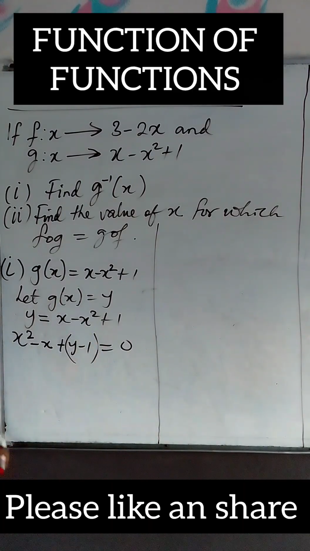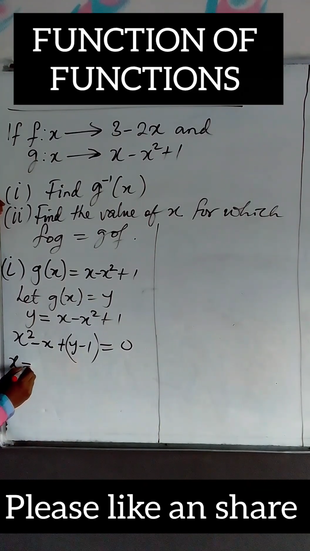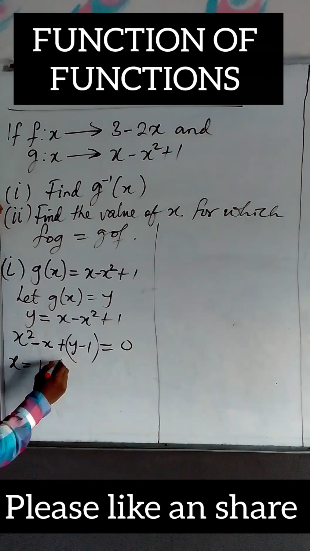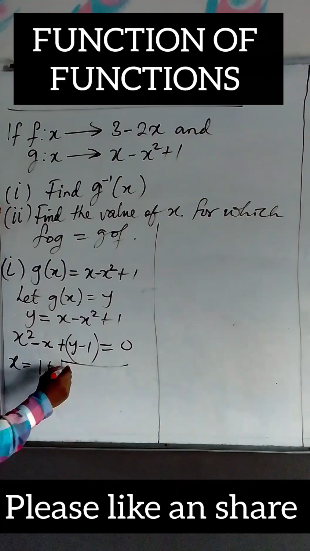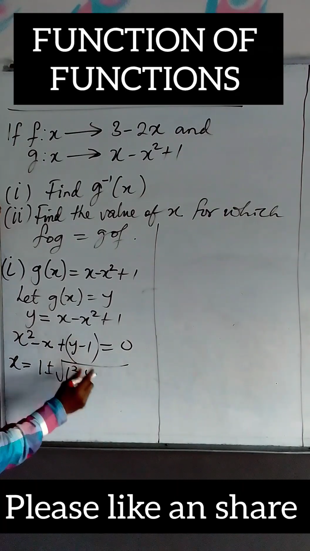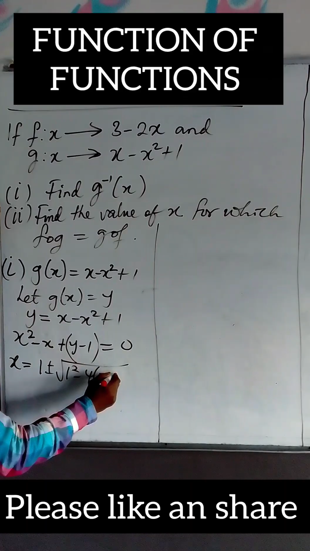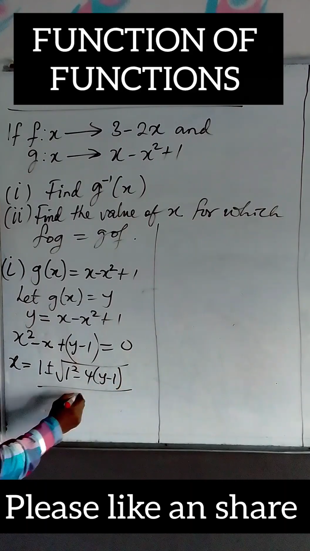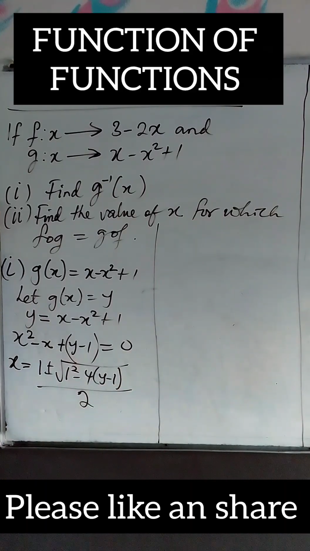So our x, using the almighty formula, will be 1 plus or minus the root of 1 squared minus 4ac, all over 2a. 2a is 2. So that is our values of x in two ways.